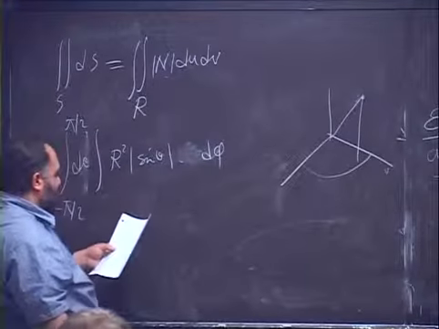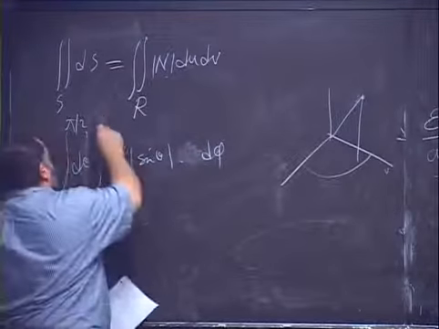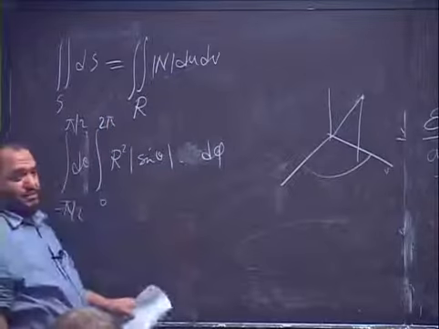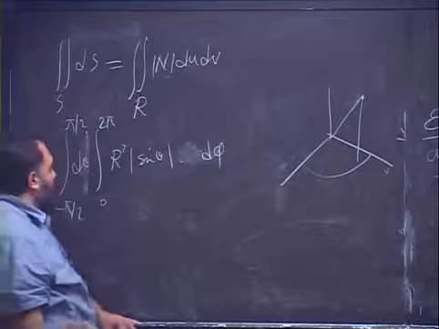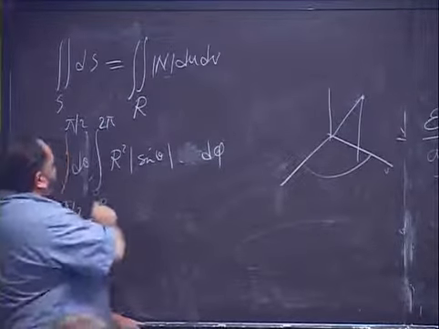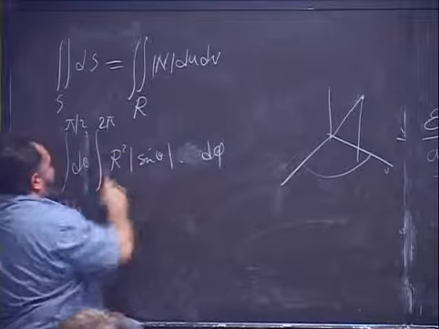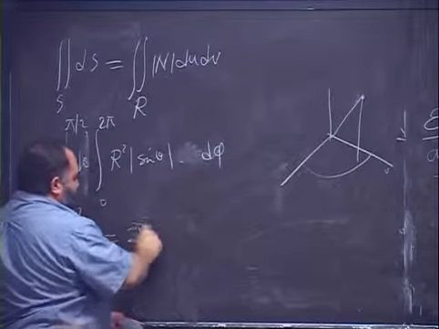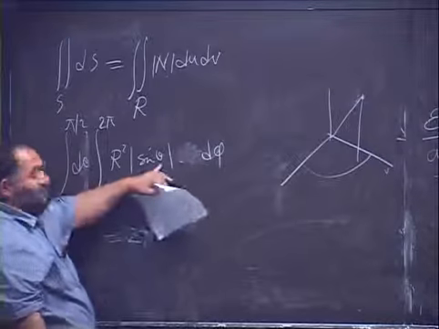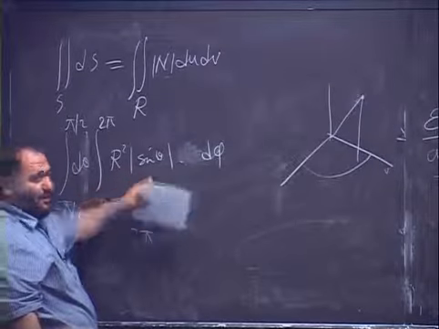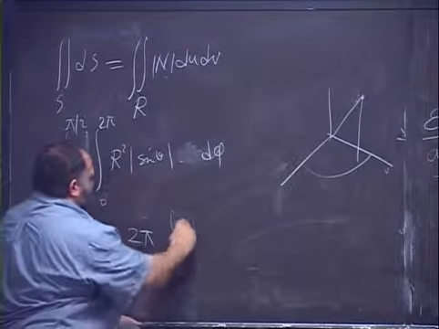And delta phi will go from what? 0 to 2 pi. Okay, guys? So delta phi from 0 to 2 pi will give you what? 2 pi, because there is no phi here. Yes? And you will end up with what?